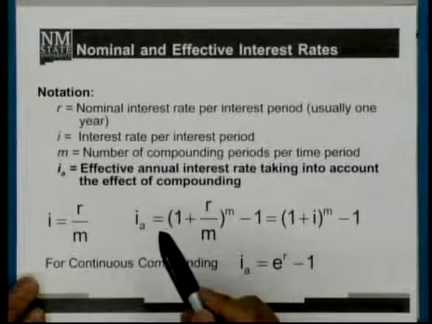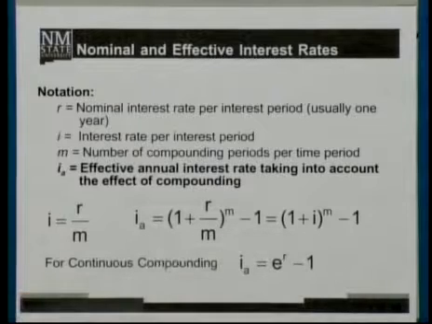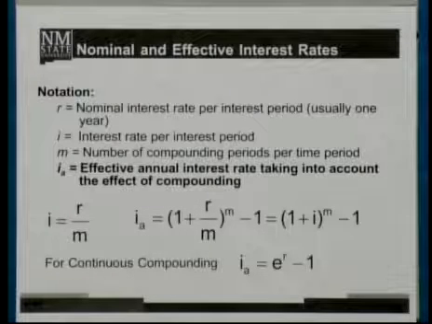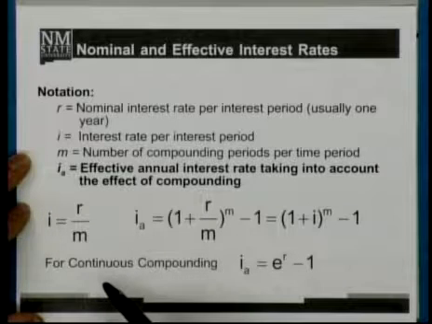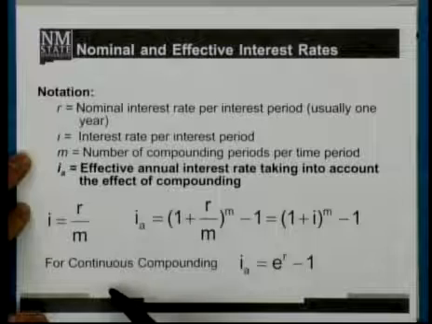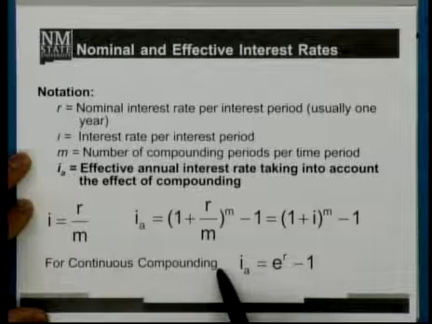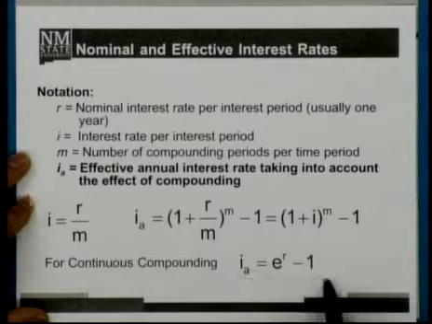Is that right? So we will talk about continuous compounding later. And now I'd like to let you know that the annual interest rate for continuous compounding can be obtained by this formula.